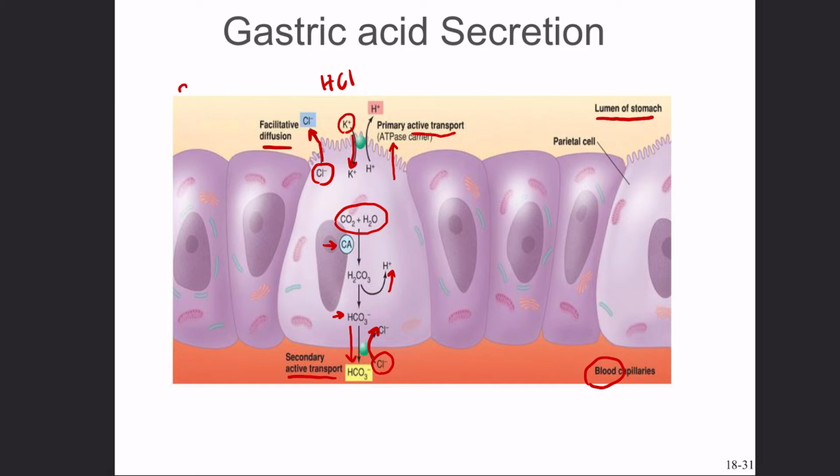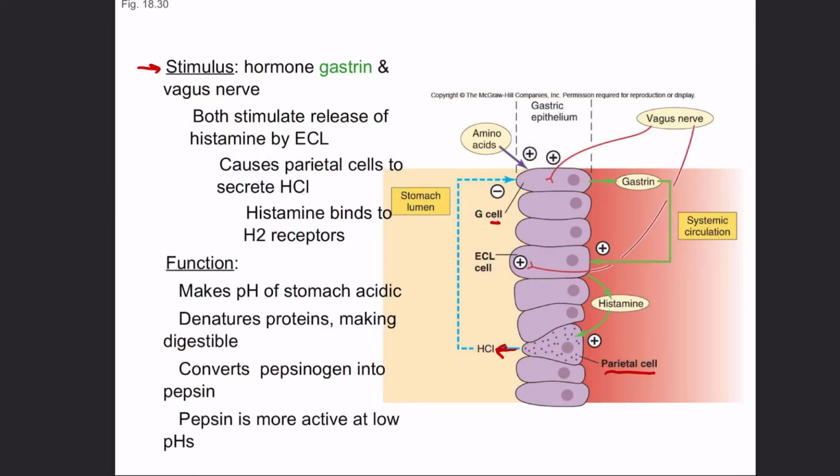So this is the stomach side. This is the blood vessel side. G cells and ECL cells kind of control the functionality or the activity of parietal cells. G cells are going to release gastrin.